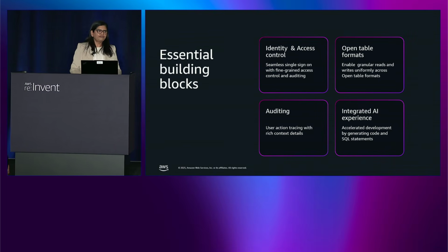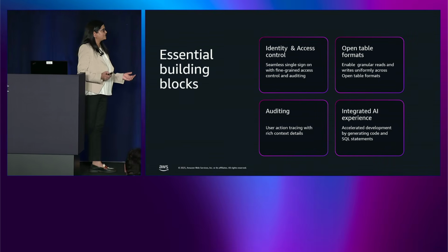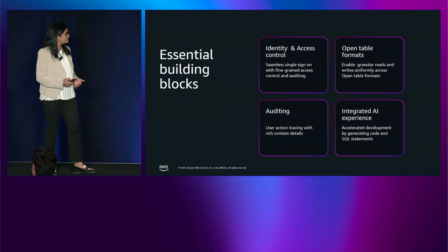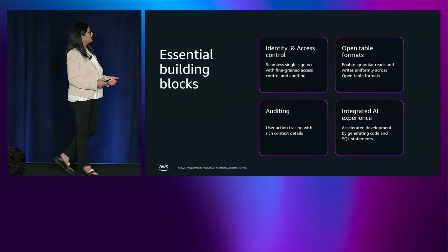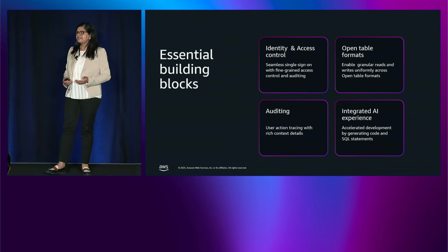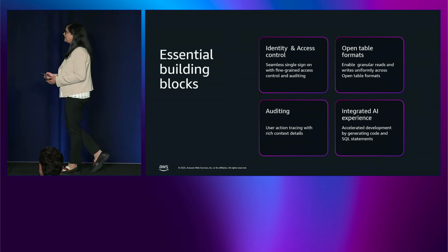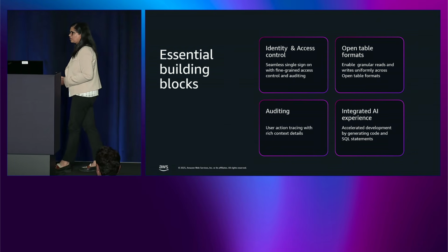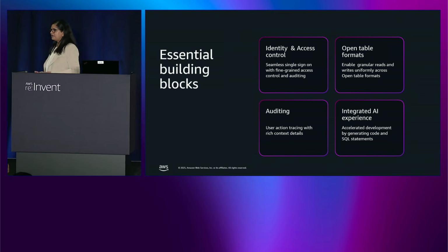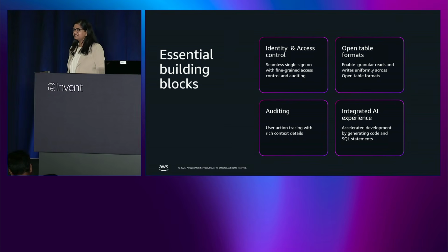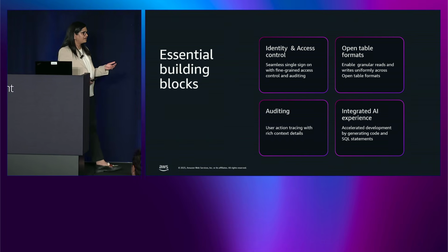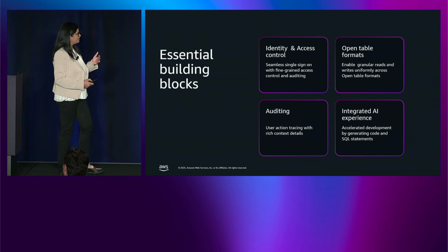So a few themes have emerged looking at the challenges with all the existing data architectures that we have seen so far. They include identity and access control. Customers have been asking for a seamless single sign-on ability with fine-grained access control so that you can do identity-based access control. They want support for open table formats with comprehensive auditing capabilities where you can track end-user actions.